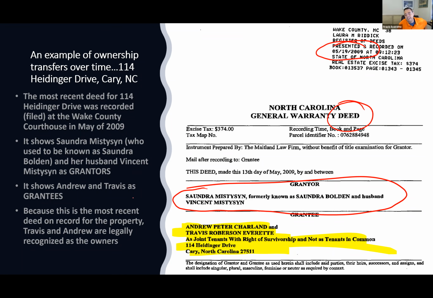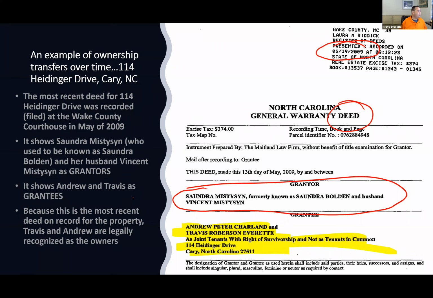She got divorced in 2007, and we don't know when she got remarried, but we know it was sometime between 2007 and 2009. Here's what's interesting, folks. Notice she's no longer a grantor by herself.